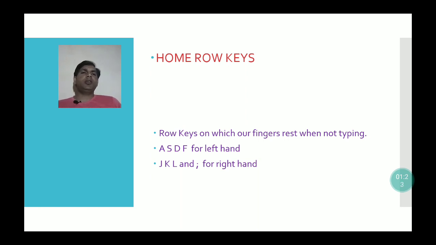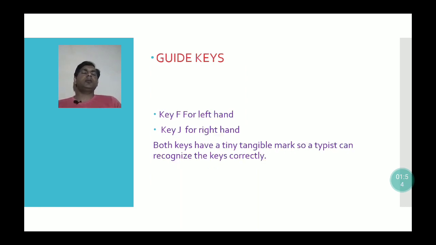For recognition of this row, the keys are A, S, D, F for the left hand and J, K, L and semicolon for the right hand. So 4 fingers of the left hand will rest on A, S, D, F and 4 fingers of the right hand will rest on J, K, L and semicolon. So this is the home row keys in the keyboard.